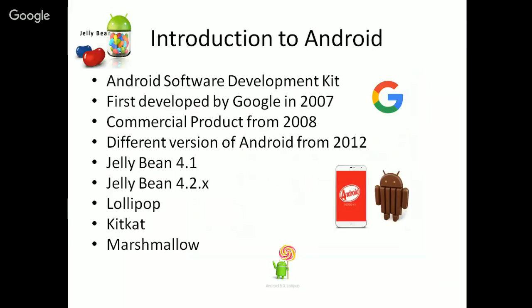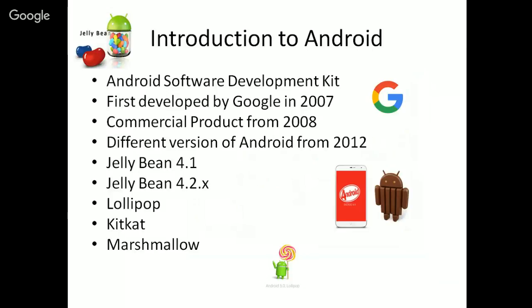Now, the different versions of Android and its operating system. The commercial development of Android was done in 2008, but different versions started to become popular from the year 2012. Jelly Bean 4.1 was one of the first Android operating systems to get widely popular throughout the world.